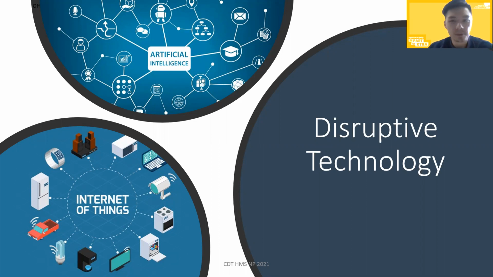A very good example is the internet. Many of you can't imagine a time when there was no internet, and that's how disruptive it has been, because there was an era, just over 20 years ago, when the internet wasn't accessible to everyone.